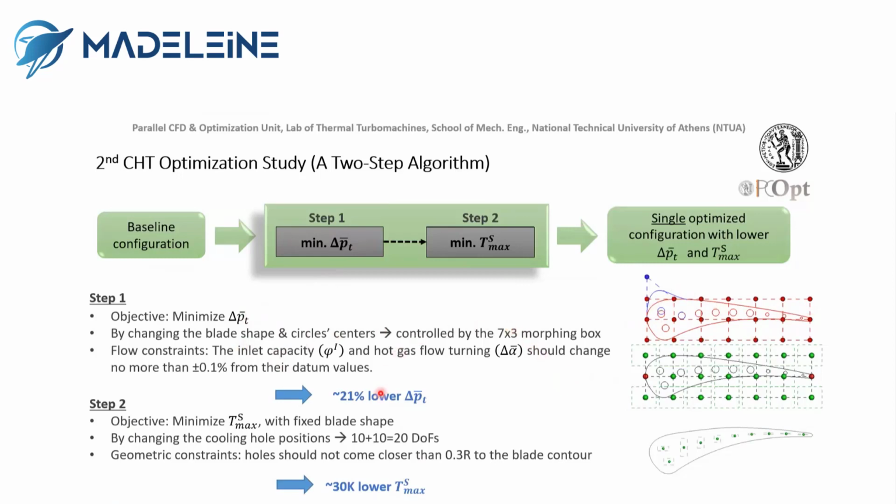Once this step is completed and we have minimized the total pressure losses, we fix the blade shape, and we proceed with the second optimization, aiming at minimizing the maximum blade temperature. In this step, only the cooling hole positions are allowed to vary, with constraints that the cooling holes should not be very close to the blade contour.